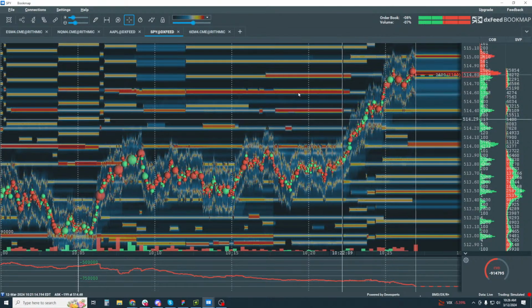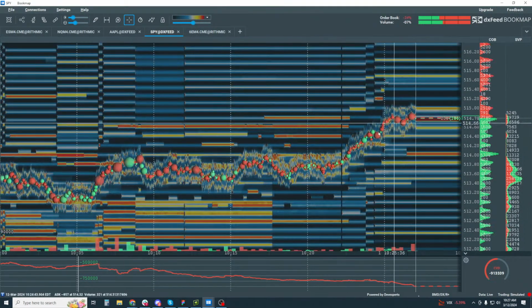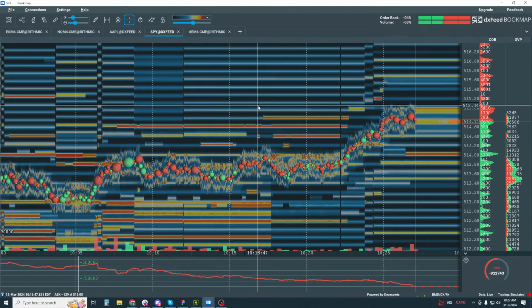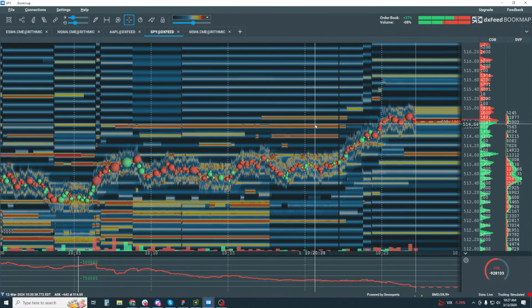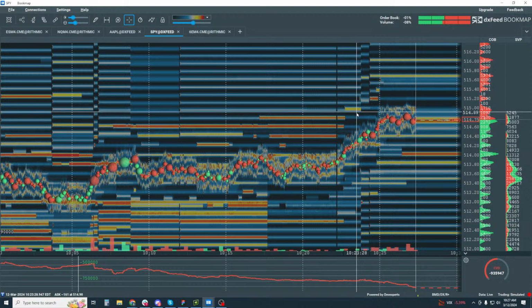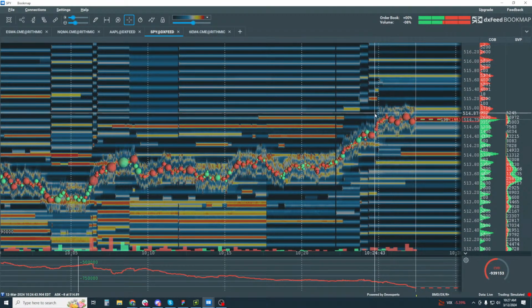Note how this liquidity is vastly different than the ES. And this doesn't have any rollover or anything like that. This is the way the SPY is being used, though. This is heavily hedged, and you can see that behavior in here. Lots of different players doing lots of different things with them.